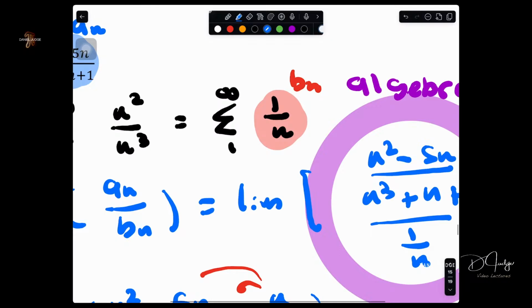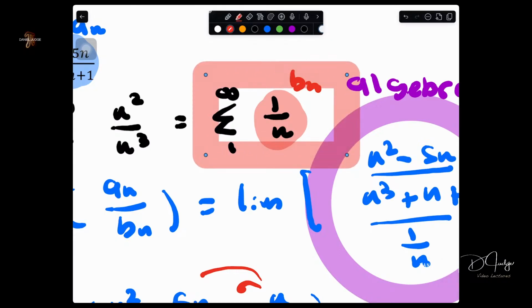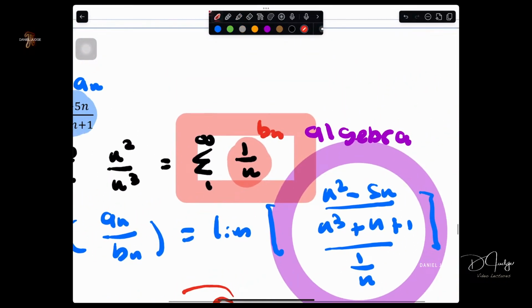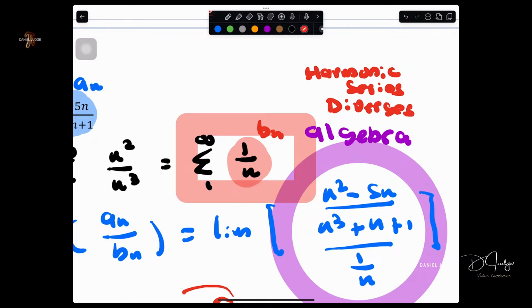Now, what we know is that this is the very famous divergent harmonic series. It's a harmonic series, and that series diverges, equals infinity.